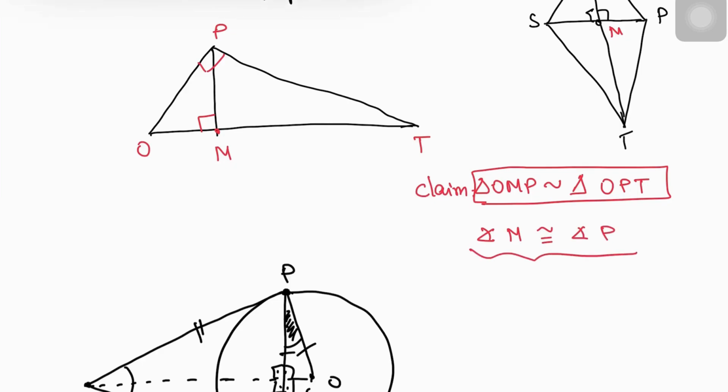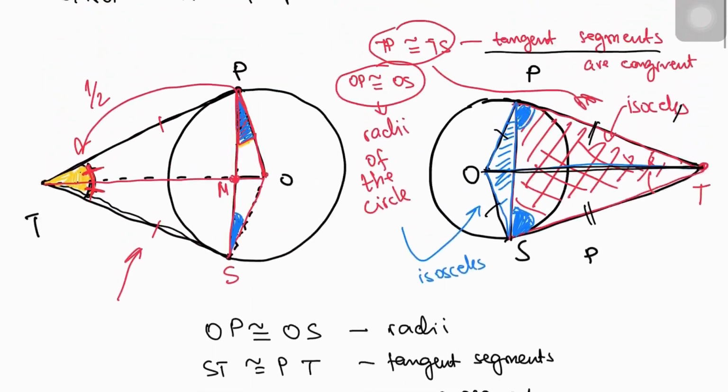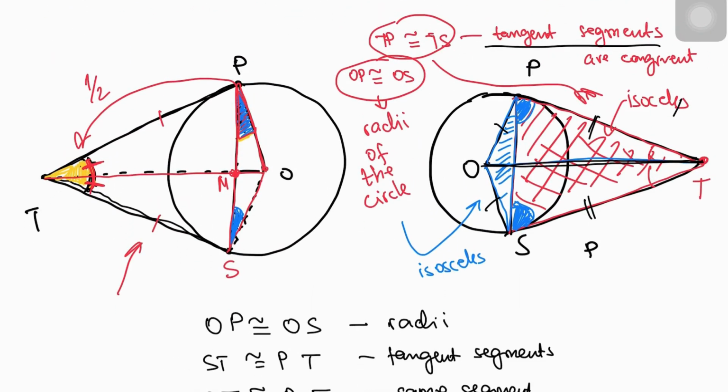Because M is a right angle, and the angle at P is also right as a tangent angle. When we have a tangent, this angle here is a right angle, and M is the midpoint of the base of an isosceles triangle.